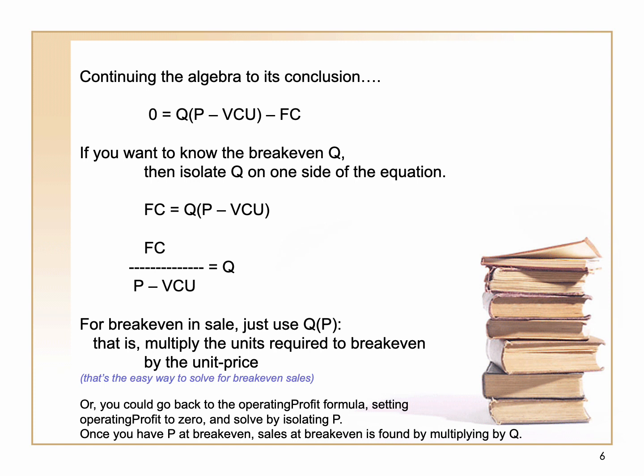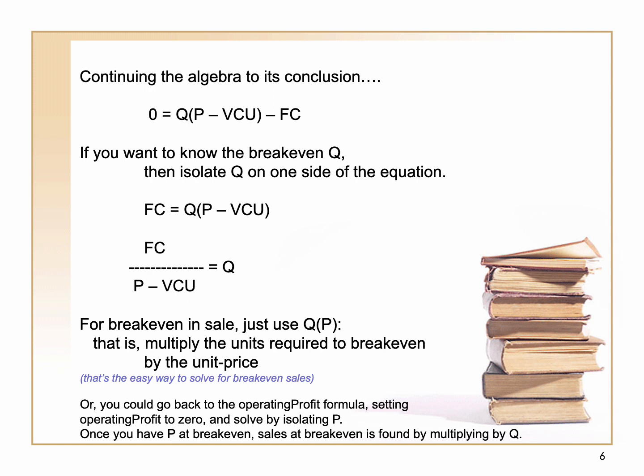Now I can divide both sides by the contribution margin per unit, and I end up with the formula that you're familiar with: quantity equals fixed cost divided by the contribution margin per unit. That is my break-even quantity.